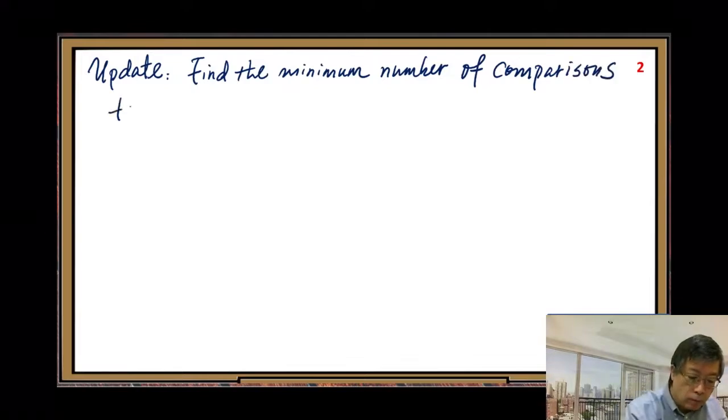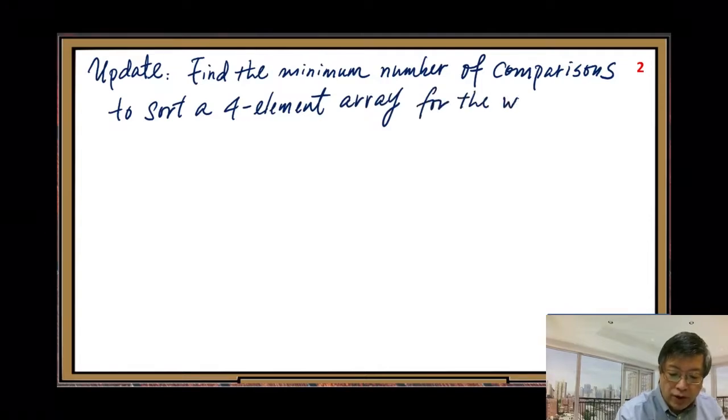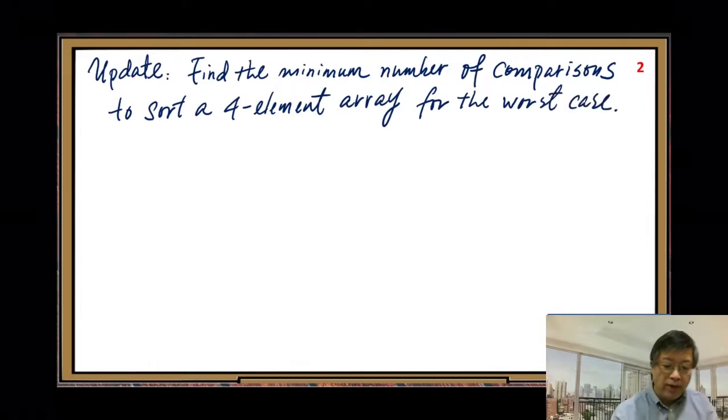To sort a 4-element array for the worst case. How about that?